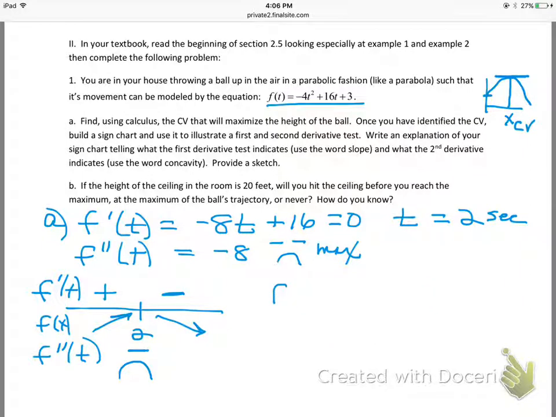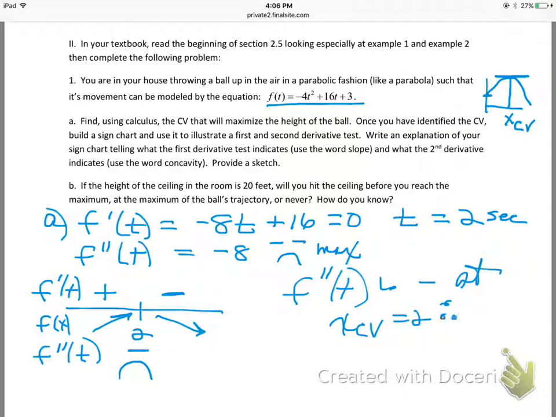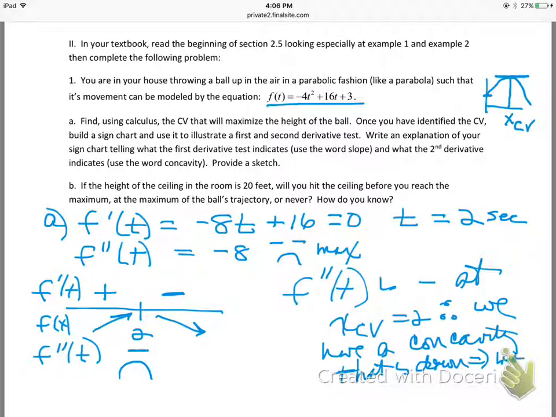So your second derivative test would be f double prime of t is negative at x CV equals 2, so therefore we have a concavity that is down, which yields a max. Okay, so those are your 2 statements that I would say.